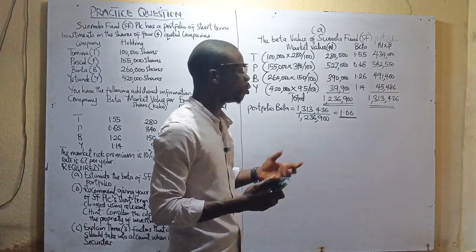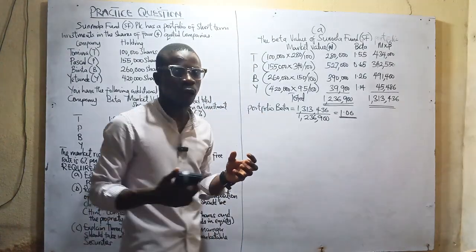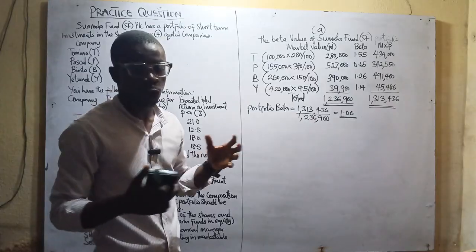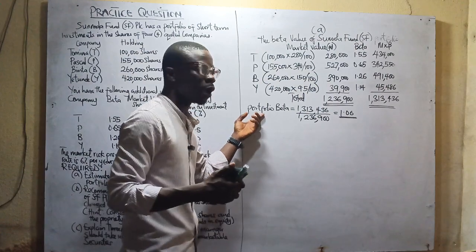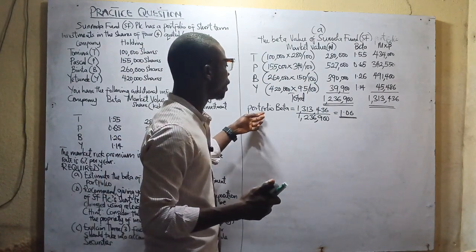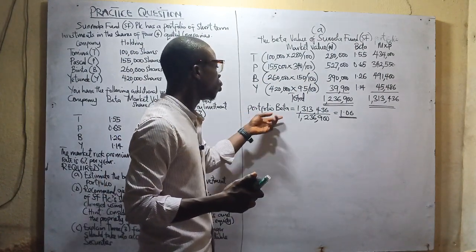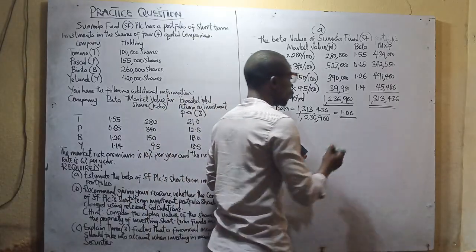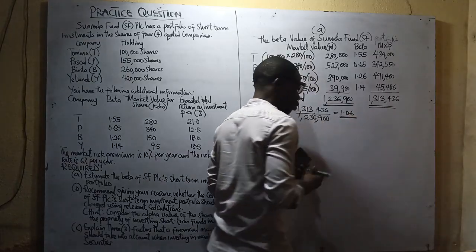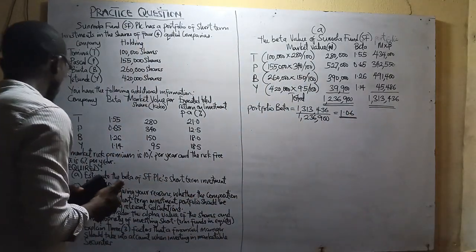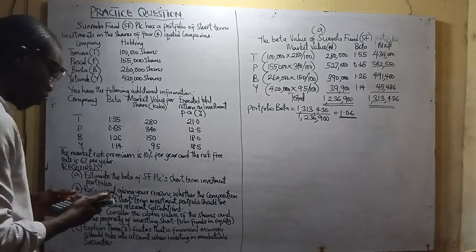That means for the four investments put together, what is the beta of that investment? The portfolio beta now is 1.06. So we have solved the first question.